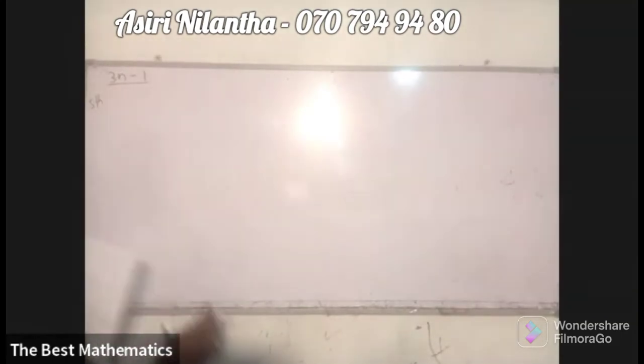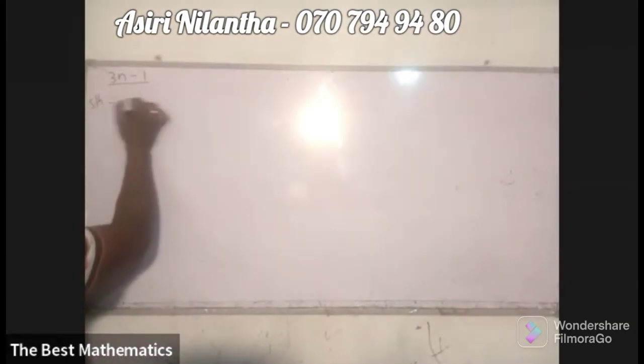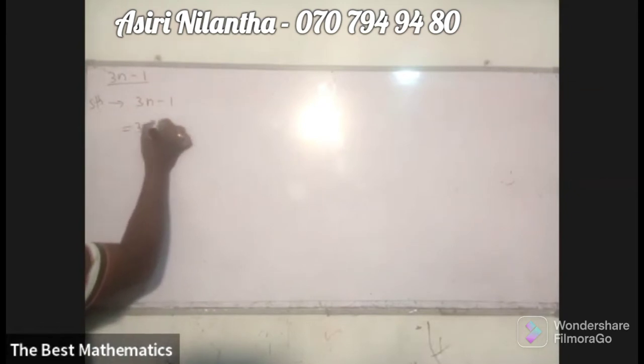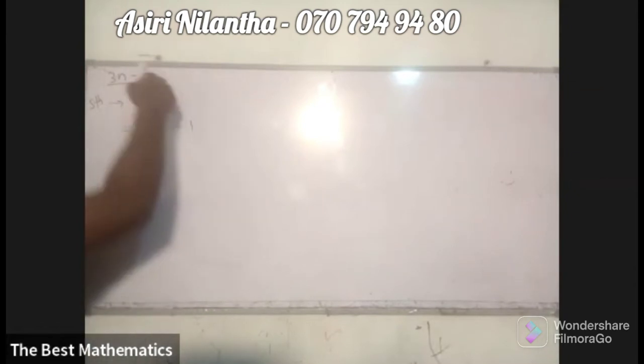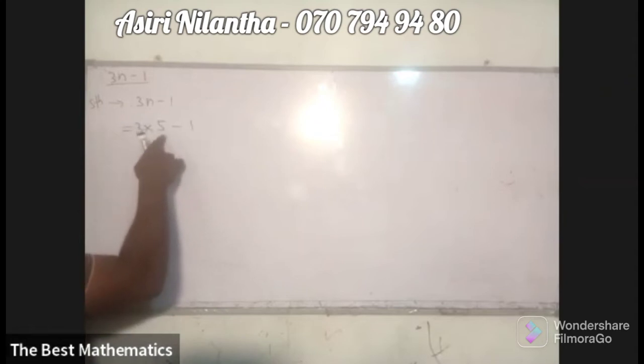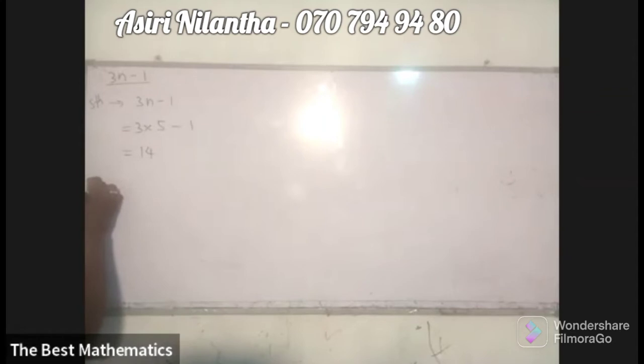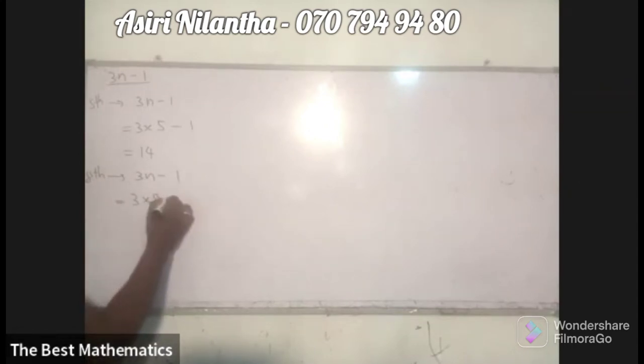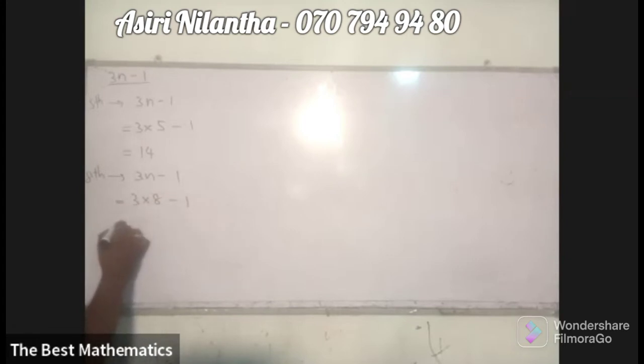Yes, then fifth, 3n minus 1. 3 times 5 minus 1. Apply 5 for n. 3 times 5 is 15, minus 1 is 14. Then second, they ask 8. 3n minus 1, apply 8 for n. 3 times 8 is 24, minus 1 is 23.